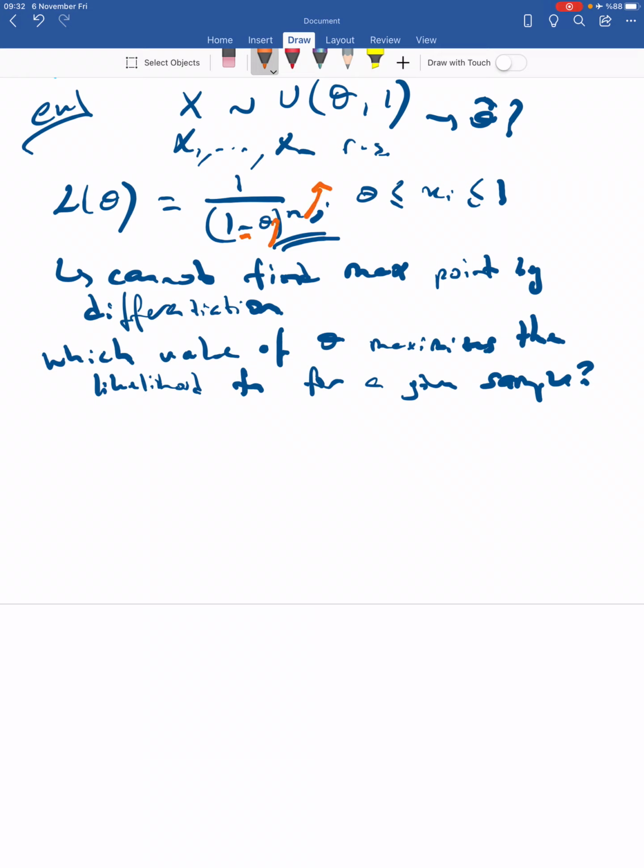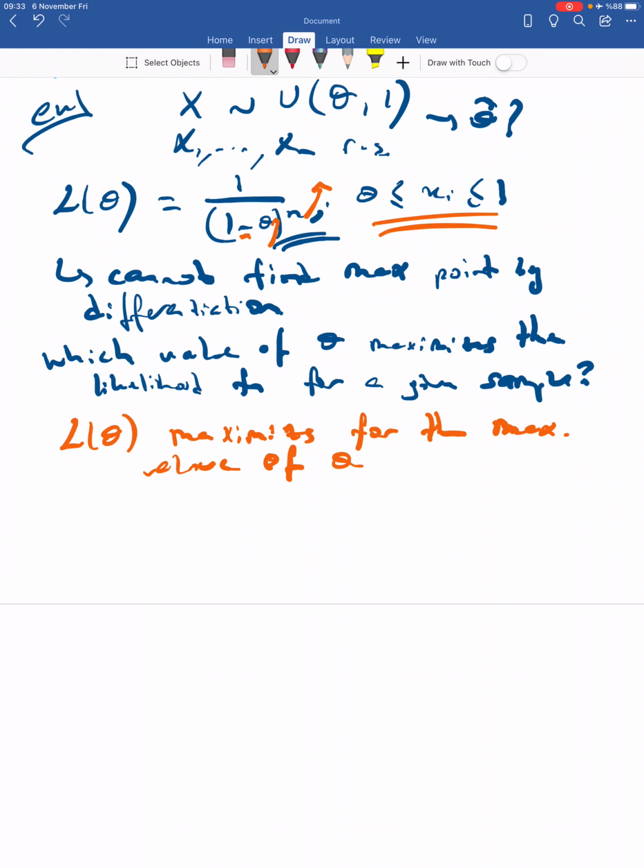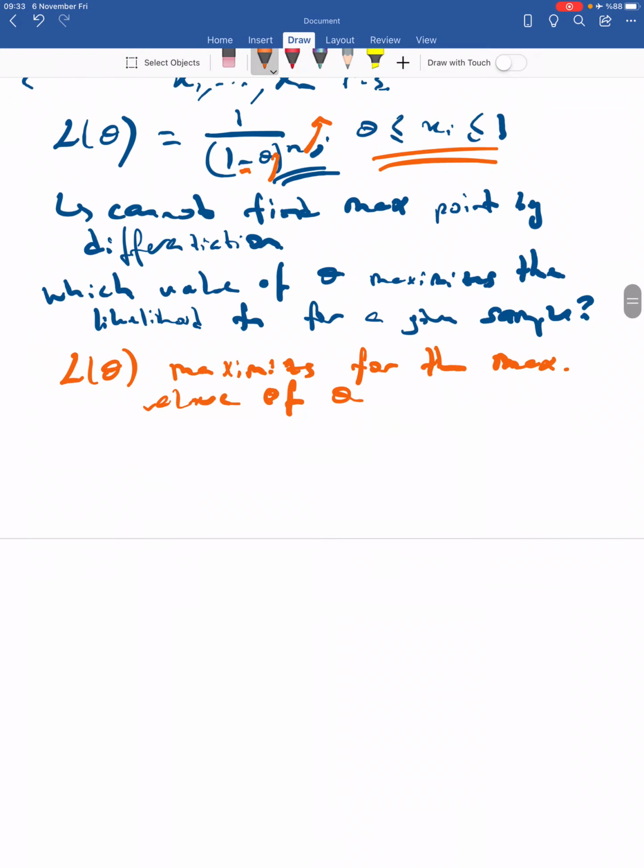Okay, so our theta maximizes for the maximum value of theta. So we need to define the maximum value of theta based on this given range. So theta is less than or equal to 1.